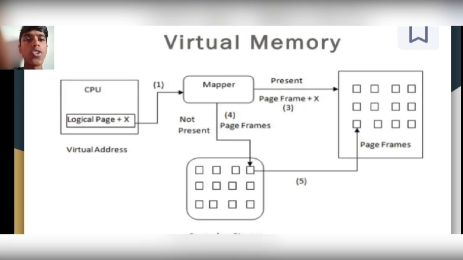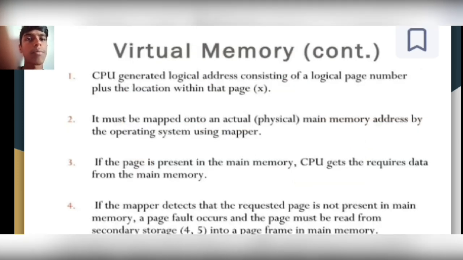The virtual memory is connected to the mapper, and the mapper is connected to the secondary storage and page frames. The CPU generates the logical address consisting of a logical page number plus the location within that page. It must be mapped onto the actual main memory address by the operating system using the mapper.